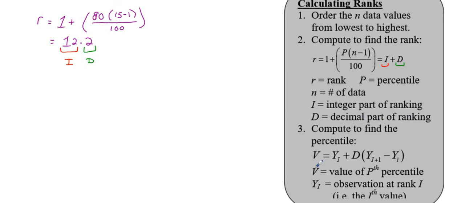So to find the value, what we're going to do is take y of I. That means the observation at rank I. So I is 12. So that means we are going to take the 12th number.